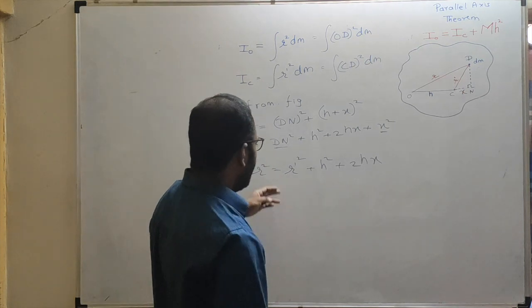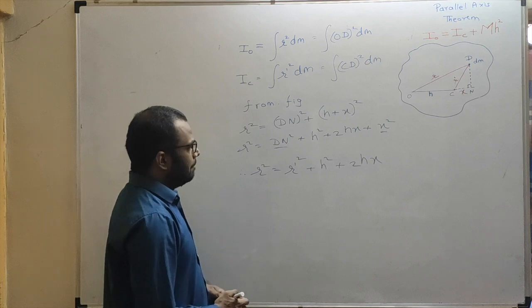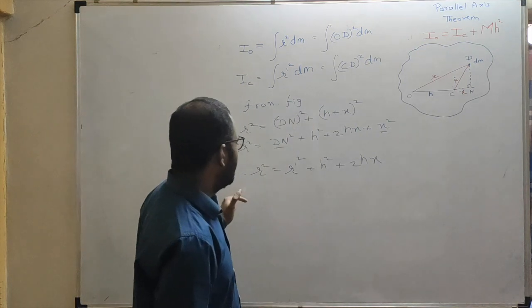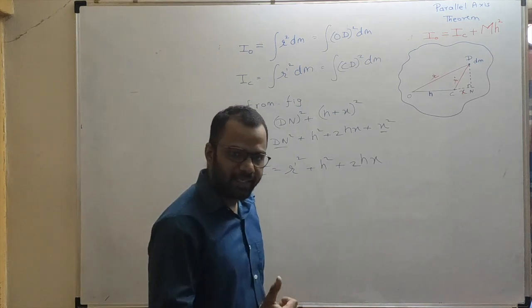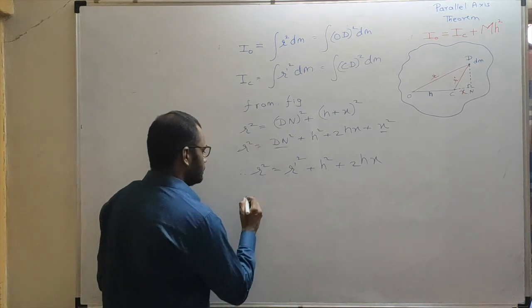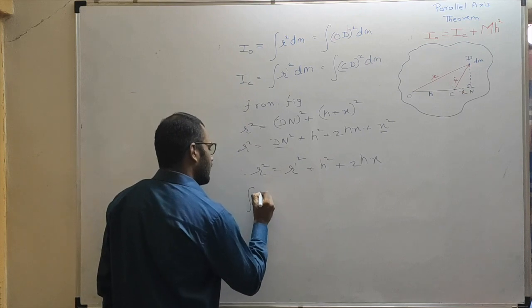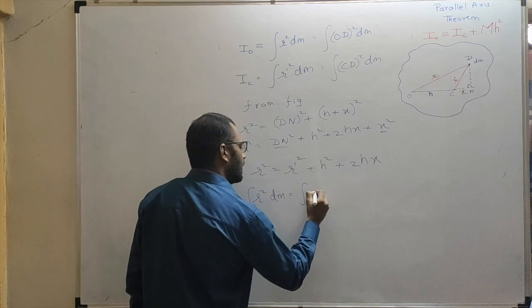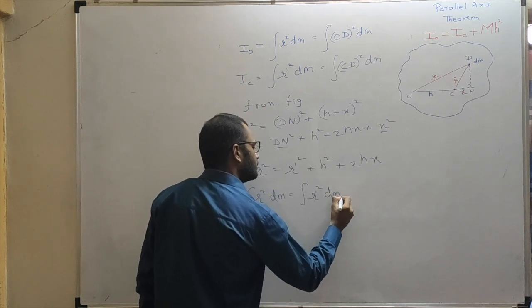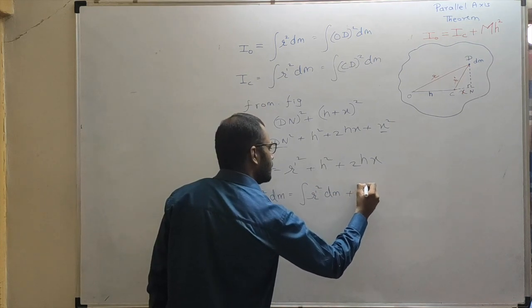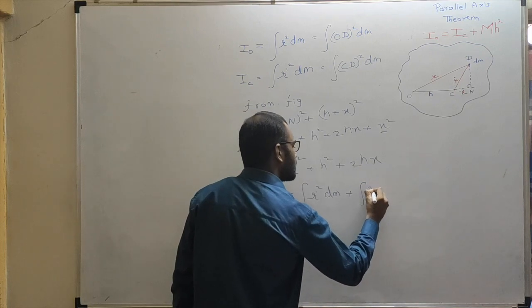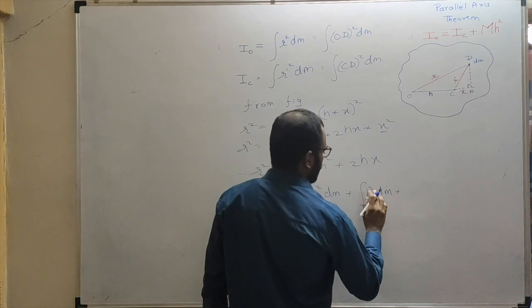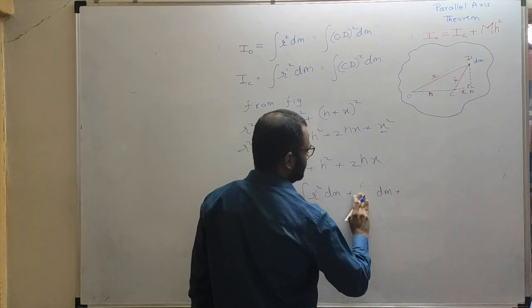Right? And after this write down, multiplying throughout by dm and integrating, we get integration of r square dm is equal to integration of r dash square dm plus integration of h square dm, plus, okay, over here h square will come out, right?